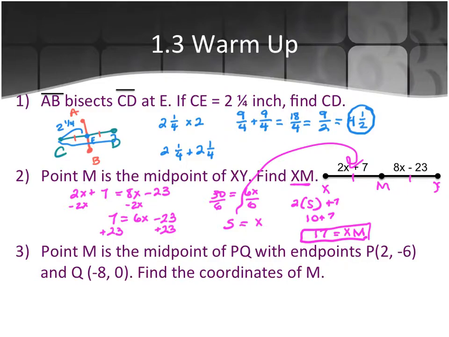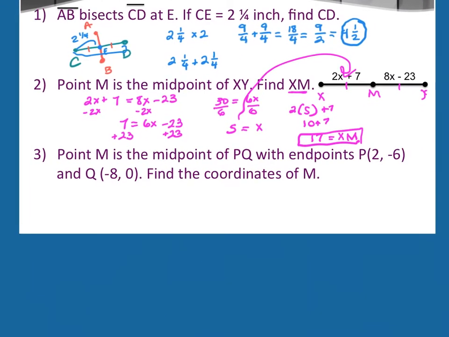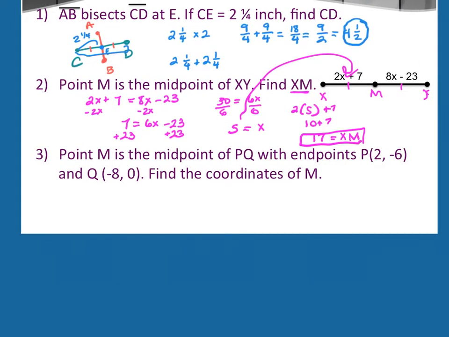Number 3 says point M is the midpoint of PQ with endpoints P (2, -6) and Q (-8, 0). Find the coordinates of M. So this is our coordinate geometry. We went over the formula for midpoint: x1 plus x2 over 2, and y1 plus y2 over 2.